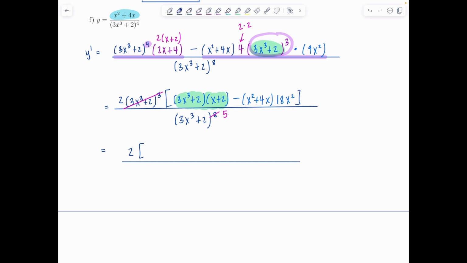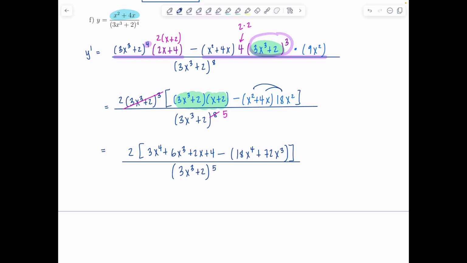FOIL your little heart out. So this is going to be 3x to the 4th plus 6x cubed plus 2x plus 4 minus, let me put some parentheses, we're going to distribute 18x to the 4th plus 72x cubed. And then the denominator is now only 3x cubed plus 2 to the 5th.